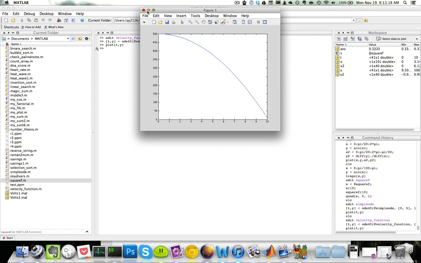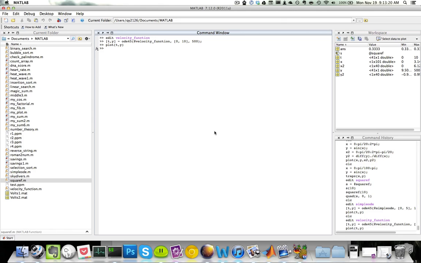Now, we can use polyfit to find the equation of a polynomial, the best fitted curve. So if we do p is equal to polyfit(t, y, 2), where 2 is the degree of the equation that I would like to approximate.